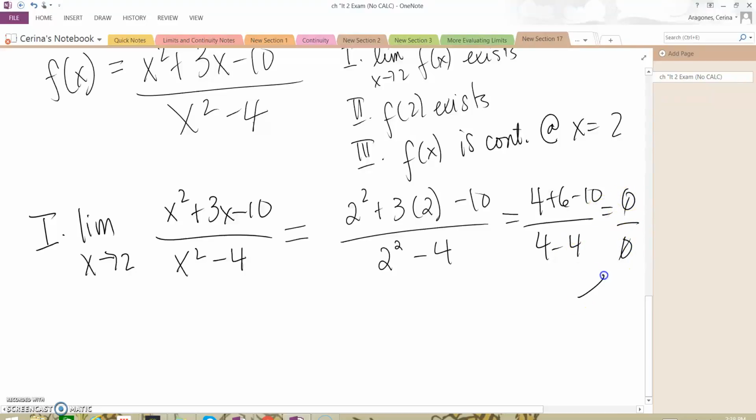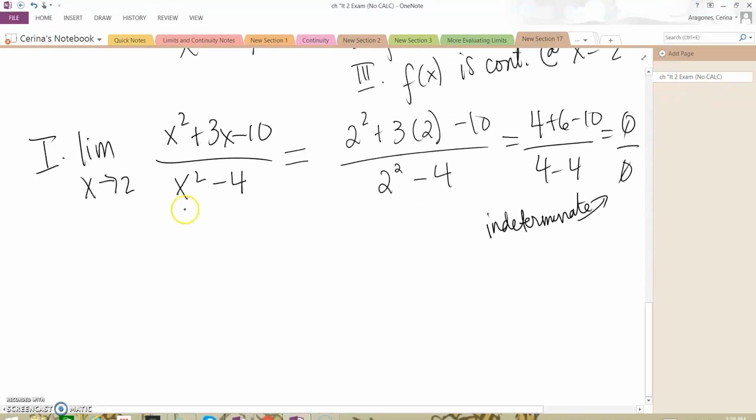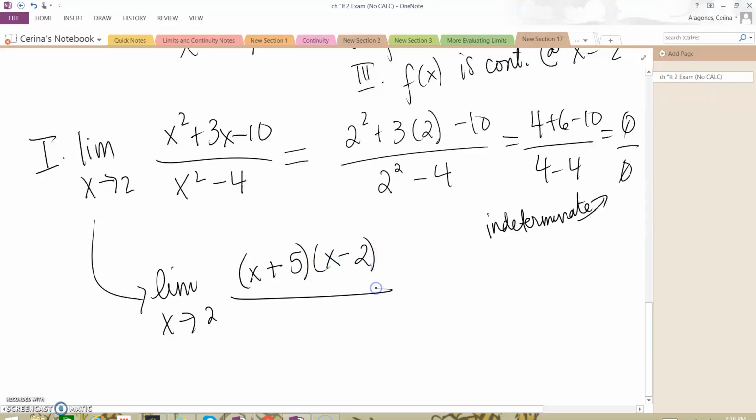Again, this is indeterminate. It doesn't tell you the limit, so we have to find another way. We can factor the top into x plus 5 times x minus 2. Again, if you're not very good at factoring, this is something you may want to practice. And the bottom factors into x plus 2 times x minus 2.